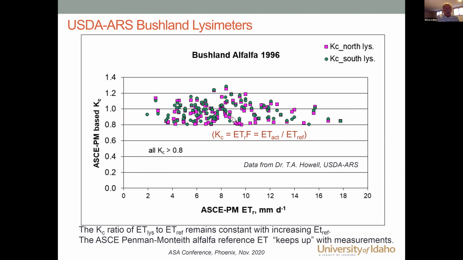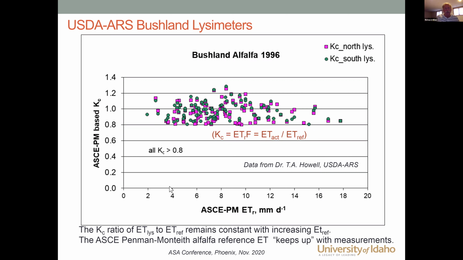So here, using some data that Dr. Howell provided, we have developed a crop coefficient using the alfalfa reference as a basis from the standardized Penman-Monteith. And then we've plotted those computed Kcs versus reference ET itself.